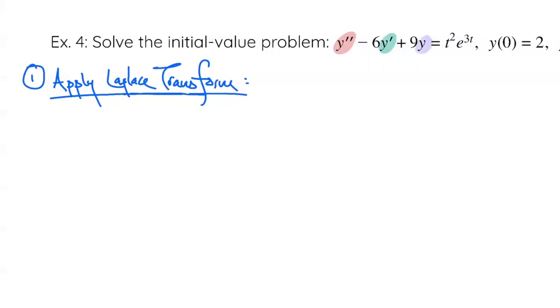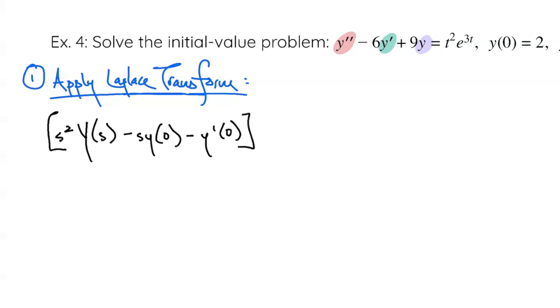All right, so if we go ahead and substitute that in, and I'll put these in brackets, we should end up with s squared Y of s minus s y of 0 minus y prime of 0. All of that corresponds to the y double prime that we have. Minus 6.